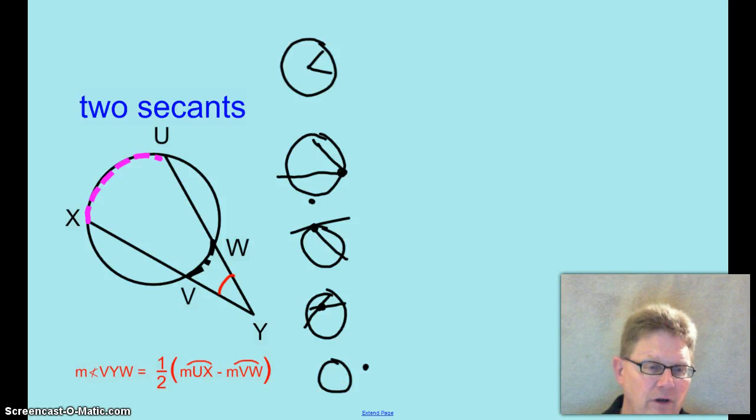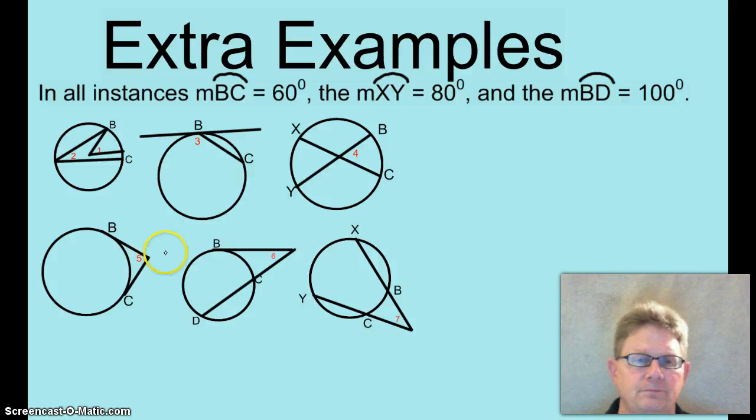Alright, let's have some fun. I'll give you some examples. In all instances, the measure of arc BC is 60, the measure of arc XY is 80, and the measure of arc BD is 100. So BC, this arc is 60. The measure of the central angle, angle 1, is 60 degrees.